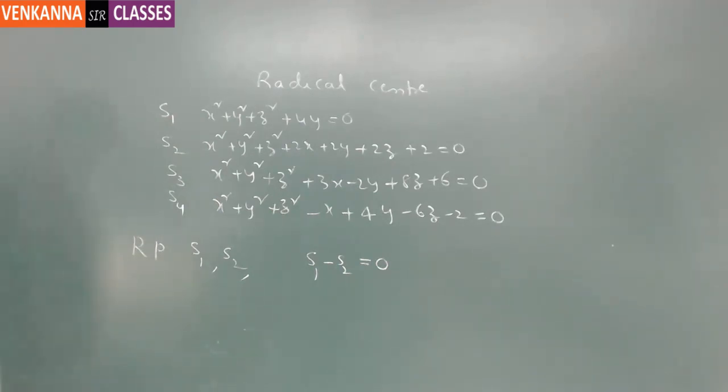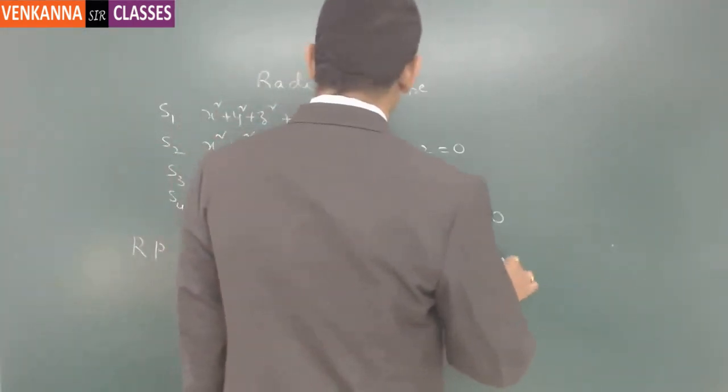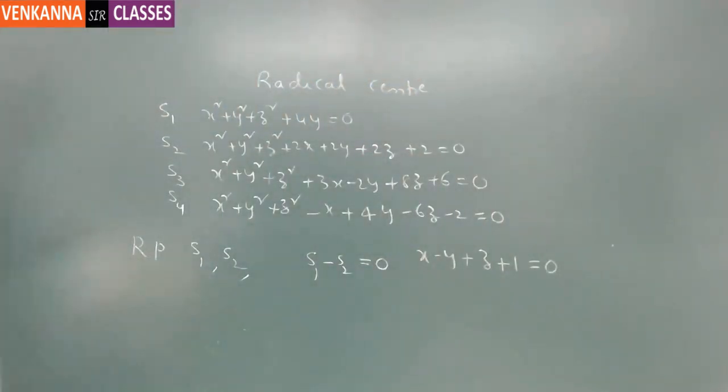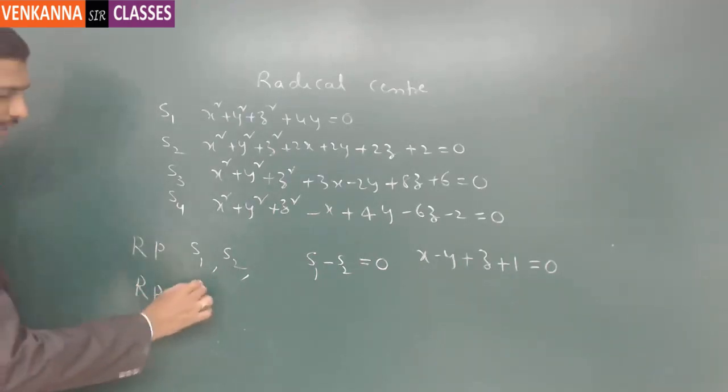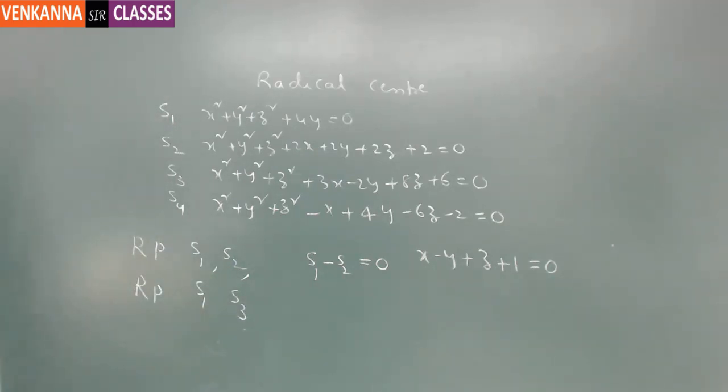So if you simplify that, you will get the equation as... accepted. You can do S1 minus S2 or S2 minus S1, anything you can do. Agreed? So if you want to calculate the radical plane of S1, S3, what I am doing is fixing sphere 1, and for the remaining ones I am calculating the radical planes.